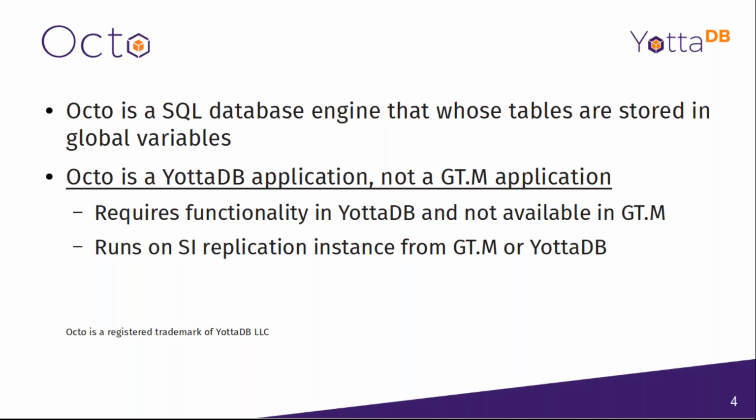Octo only runs on YottaDB. It is not a GT.M application. And the way we typically recommend deploying it in production is, well, we're going to get to that later. We deploy it in production on our application instance, but I'll talk about that in a little more detail later.